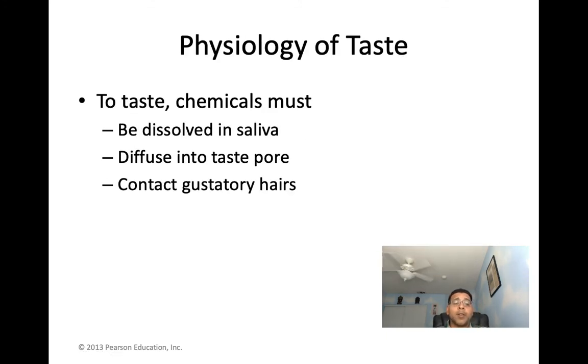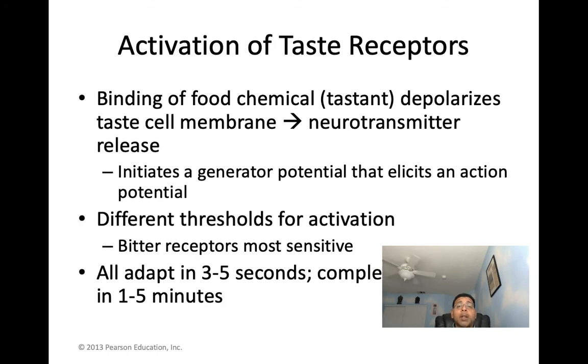Now we talk physiology of taste. For a chemical to be tasted, it must dissolve in saliva, diffuse into a taste pore, and contact gustatory hairs. Now let's look at the activation of taste receptors. I want you to know gustatory epithelial cells contain neurotransmitters.